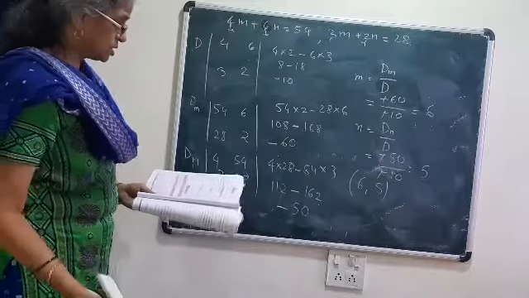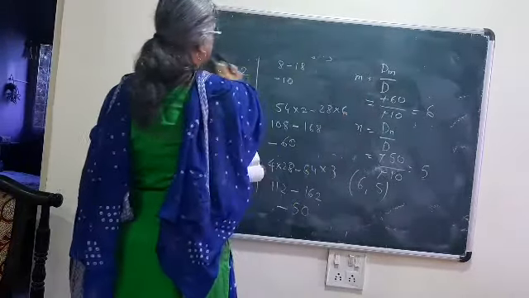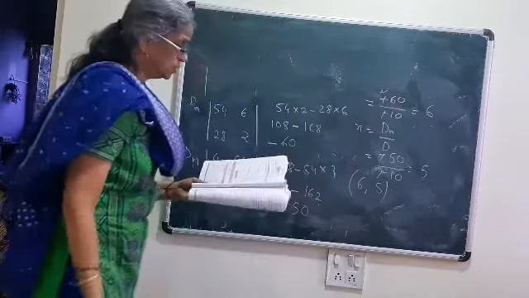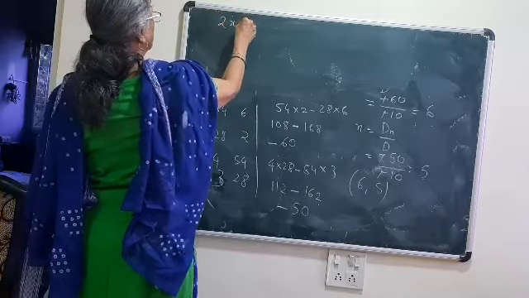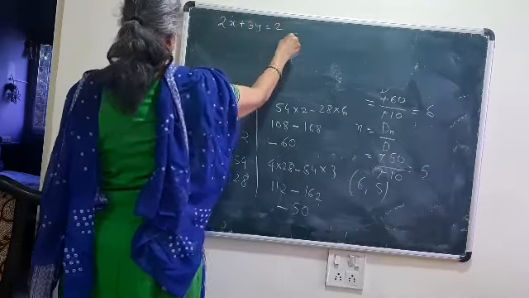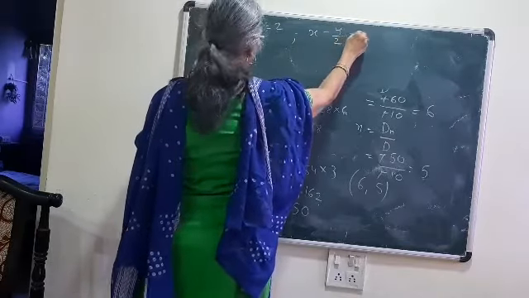Now the sixth sum I will write on board. 2x plus 3y equal to 2, comma, x minus y by 2 is equal to half.